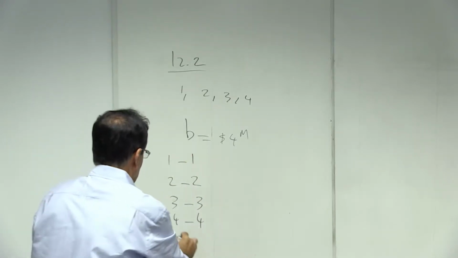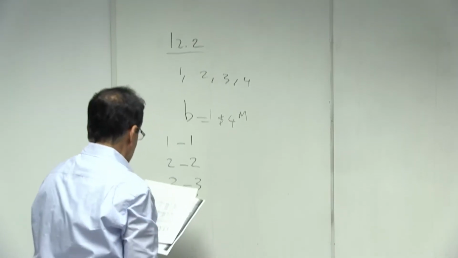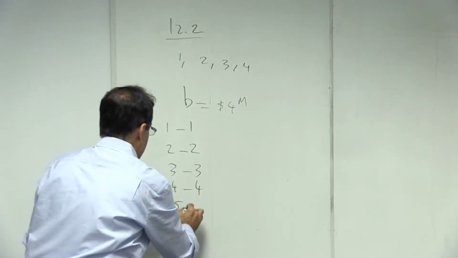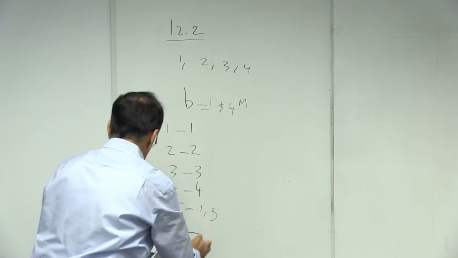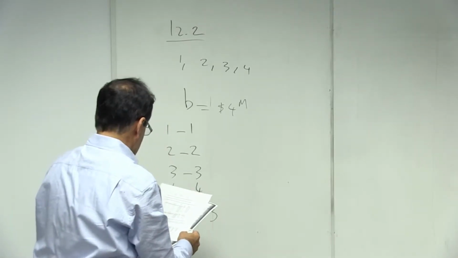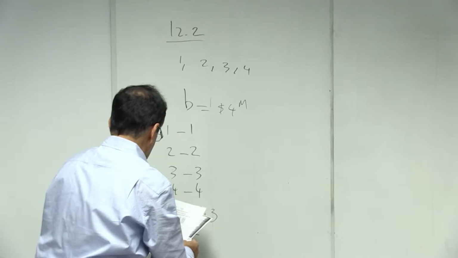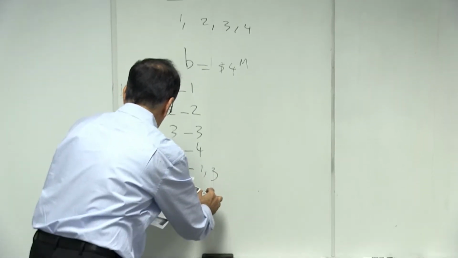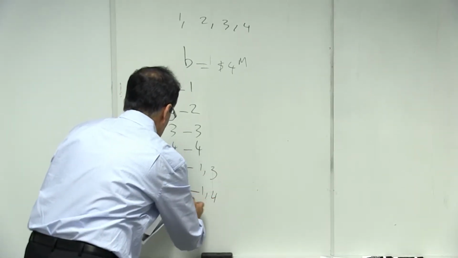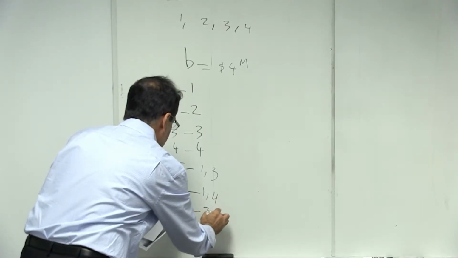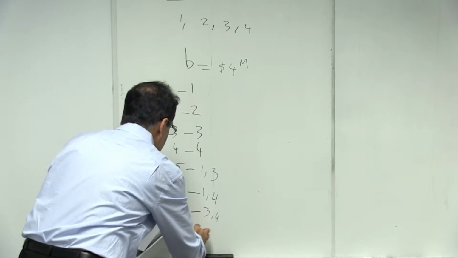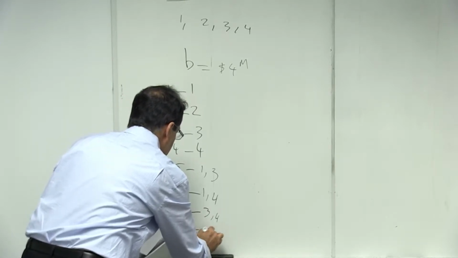Bundle number 5, you can combine 1 and 3. Bundle number 6, you can combine 1 and 4. And bundle number 7, you combine 3 and 4. And bundle number 8 is do nothing.